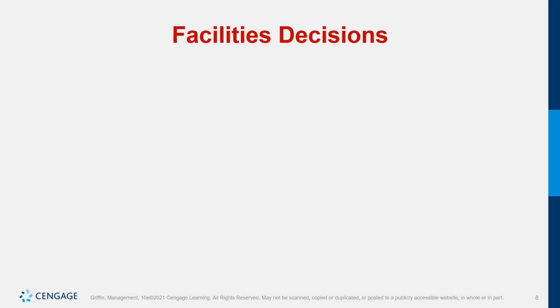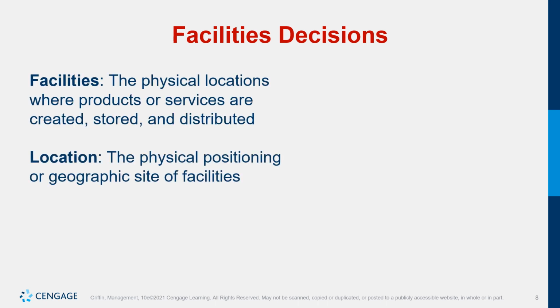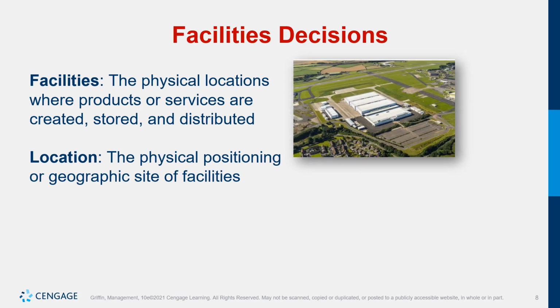Facilities are the physical locations where products or services are created, stored, and distributed. The organization's location is its physical position or the geographic site of facilities.